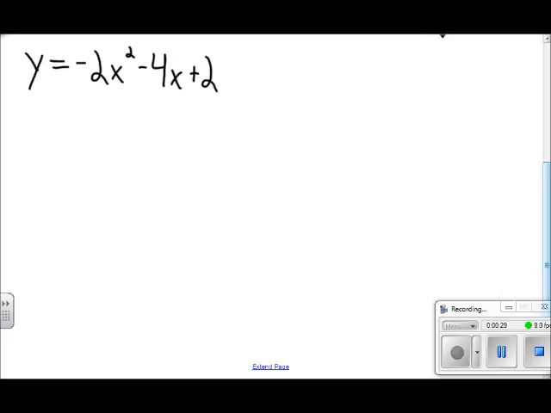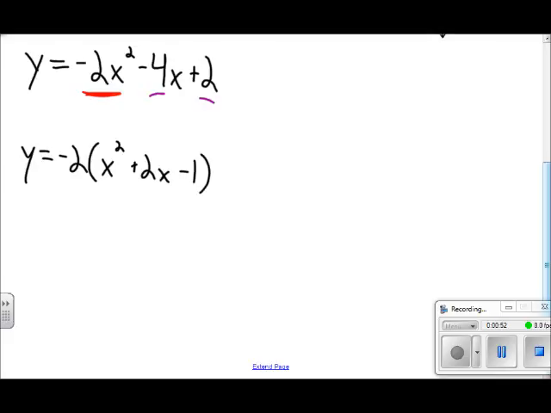Now in this case, because we have this negative 2 out front, we can also recognize that negative 2 we can pull out of all of our terms. So we're going to say y equals, we'll factor out that negative 2, x squared plus 2x minus 1.